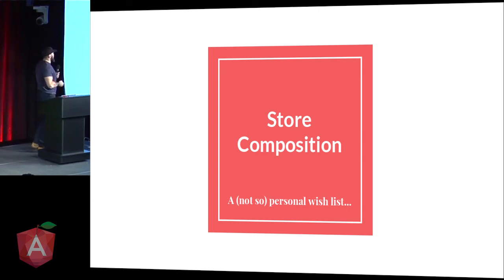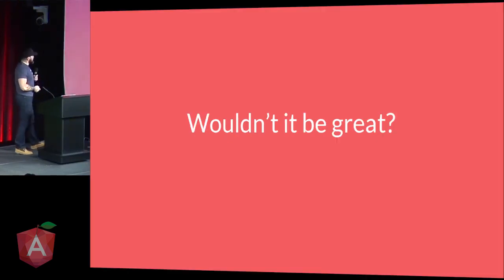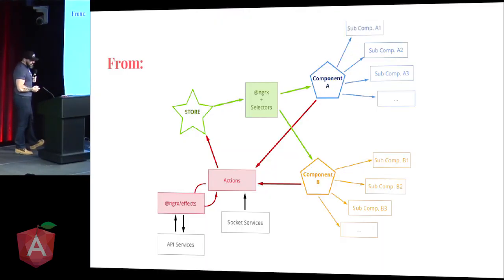So I was thinking, how about my component actually holds its own store so that you can bind it together, and then when you're composing your app from those different components, you would compose your store at the same time. So that's what it's called, store composition, as a consequence. And I think it would be great.